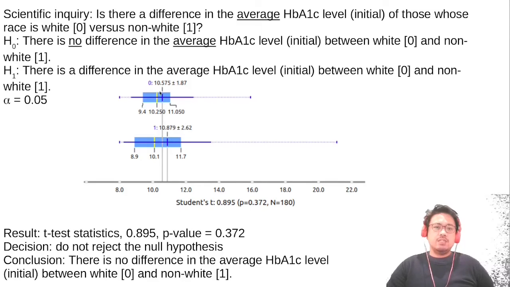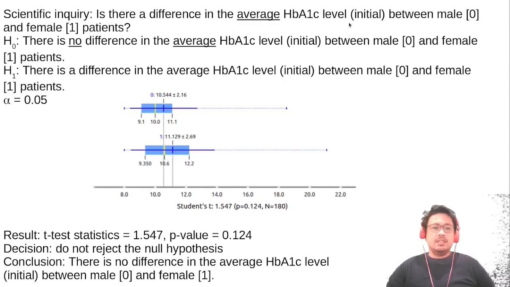The average for non-white is 10.876. The p-value that we got is 0.372, which is bigger than alpha, so we will not reject the null hypothesis. Our conclusion will be there is no difference in the average initial HbA1c level between white and non-white.